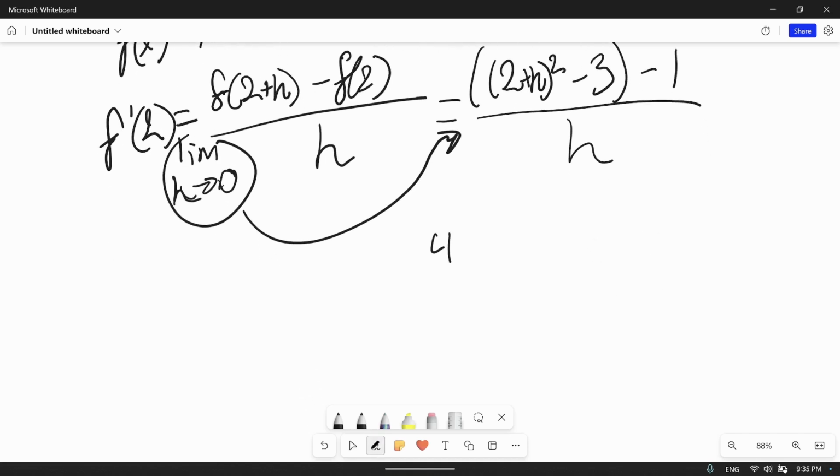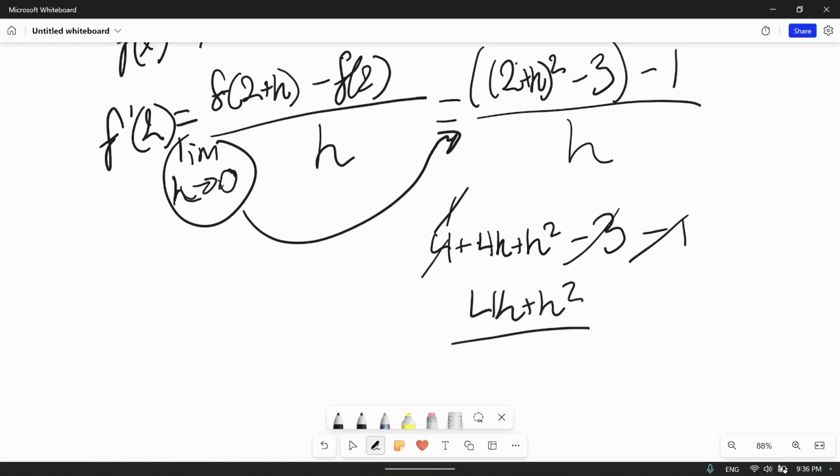So it should be 4 plus 4h plus h squared minus 3. So this is going to be a 1 minus 1. This is going to be 4h plus h squared over h.